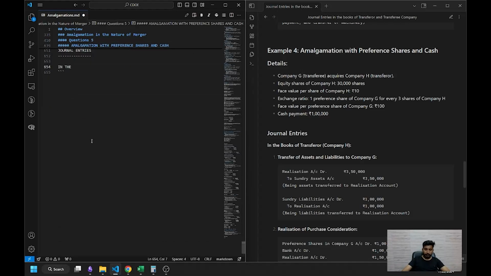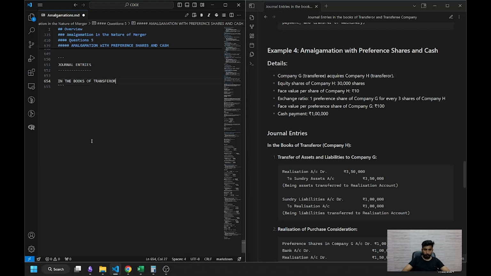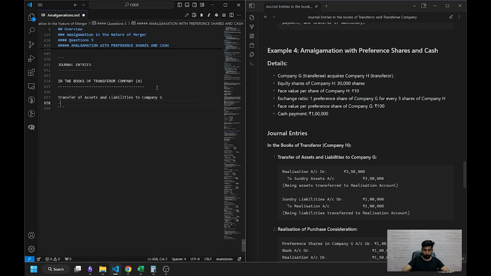Journal entries will be in the books of the transferor company, which is company H. Here, the transfer of assets and liabilities to company G. We will transfer all our assets to company G.